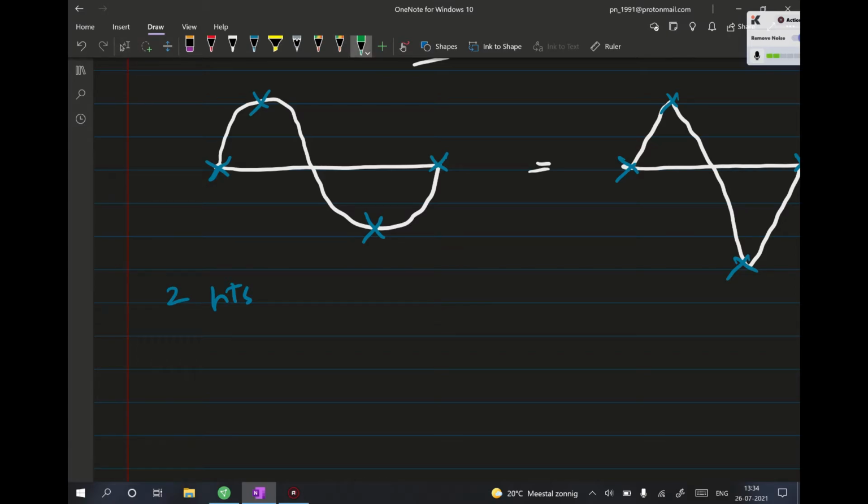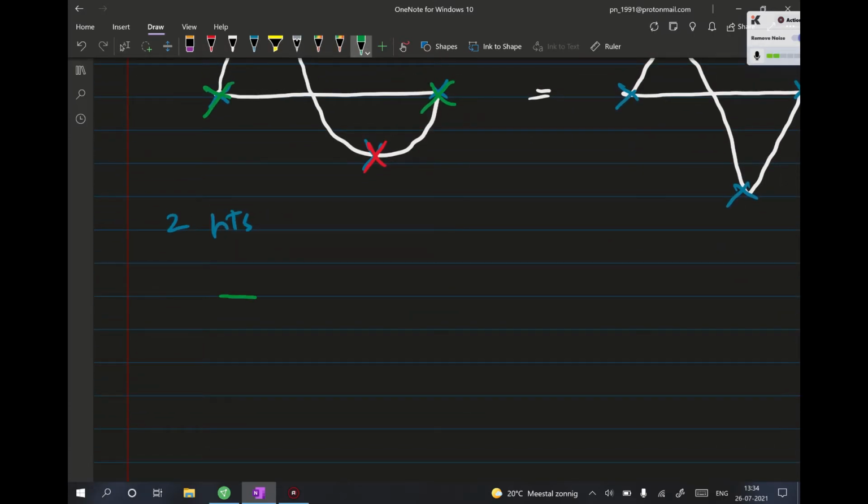If I say 2 equidistant points, it could be either this 2 or this 2. So if we use the first point, it would look something like this. Take the second one, it will look something like this.